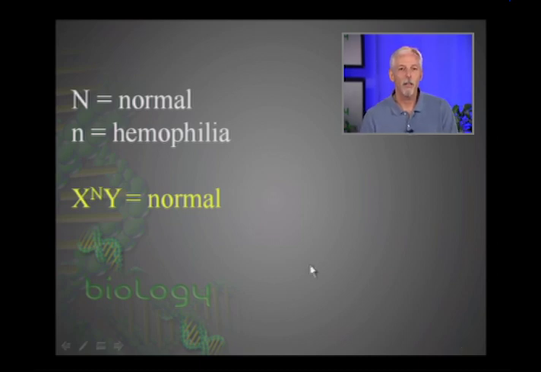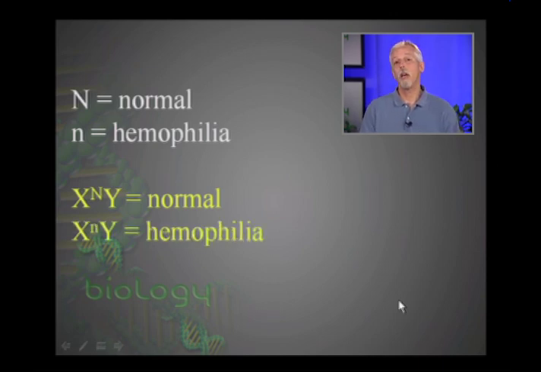So again, there is a gene for blood clotting on the X chromosome, but that gene is not found on the Y chromosome. So in the XY combination, the X chromosome will carry the gene, the Y will not. So XY with the dominant allele on the X would be a normal male. And if the X has the recessive allele, then that would be an abnormal male, in this case having hemophilia.